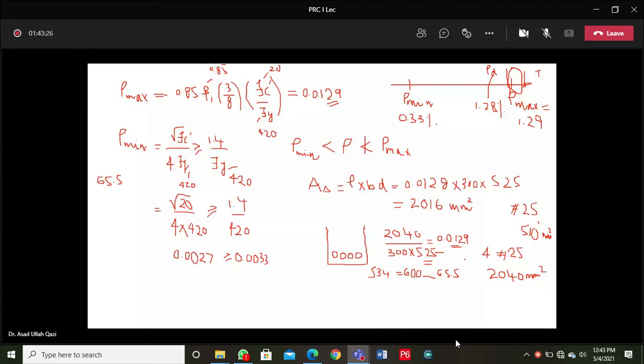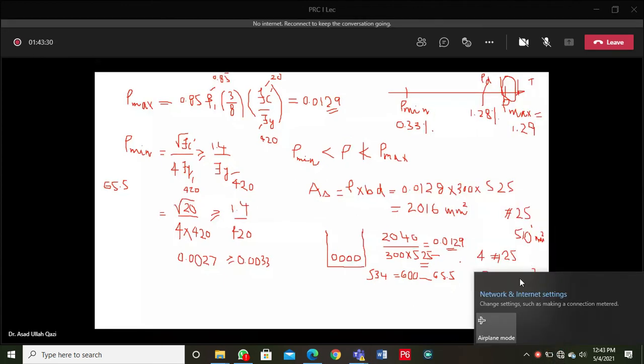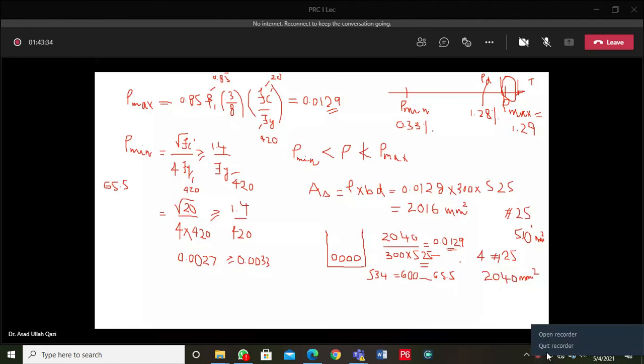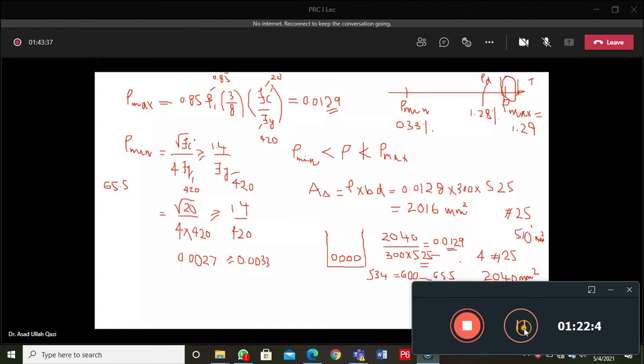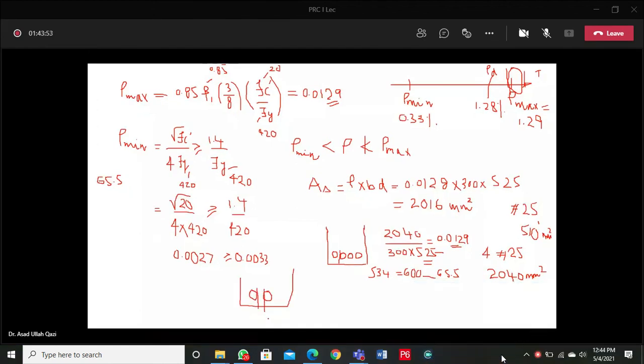The clear gap between the bars should not be less than 25 millimeter.